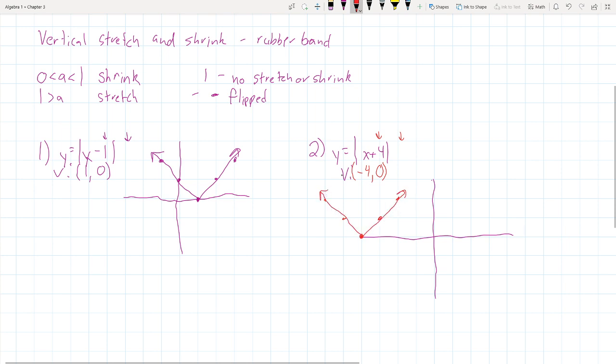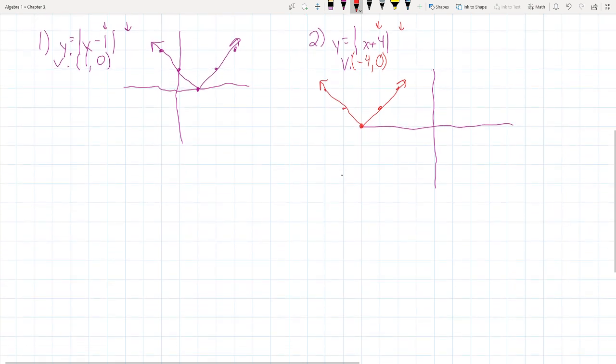If you want, you could make a table of values for this. Let's look at number 3. y equals the absolute value of x minus 2.